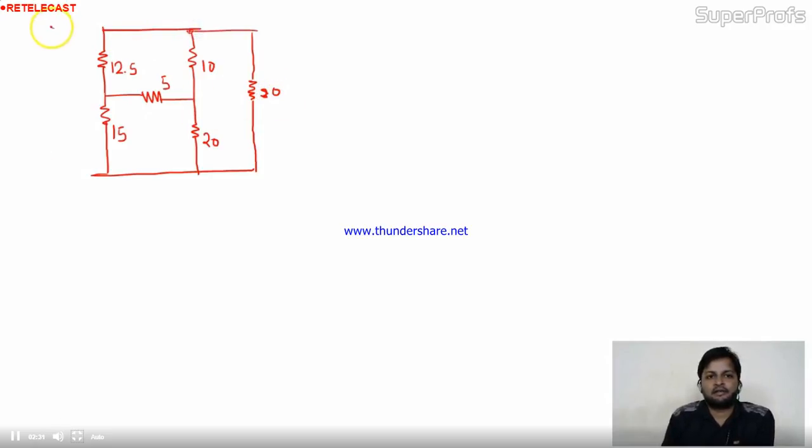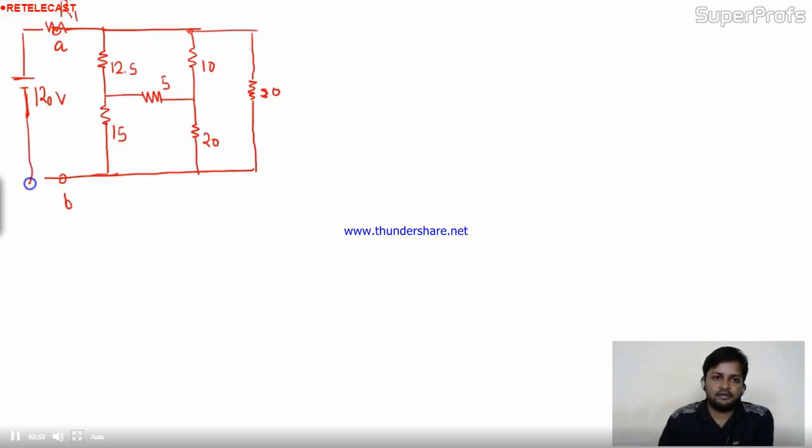Okay, and here this is A and this is B, connected with a 120 volt battery. I think here also one resistance is given. Okay, we'll check the value later. We have to find out the equivalent resistance of this circuit across terminals A and B.